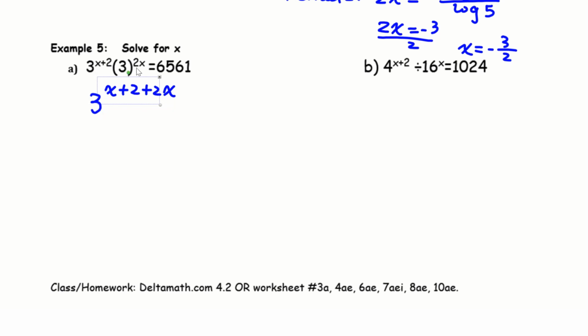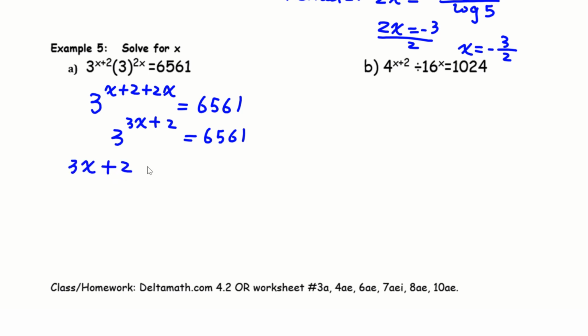So with the same base, we can add the exponents if they are multiplied. Then 3 to the exponent, collect the like terms, 3x plus 2 equals 6561.